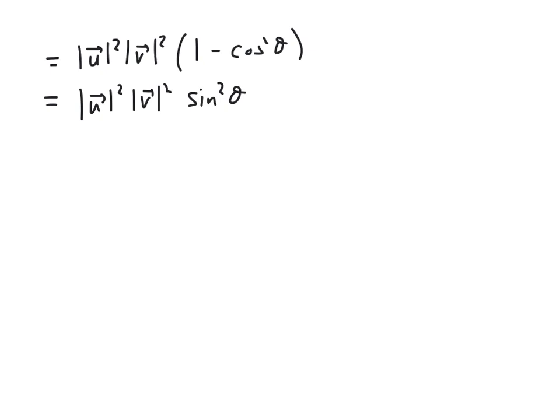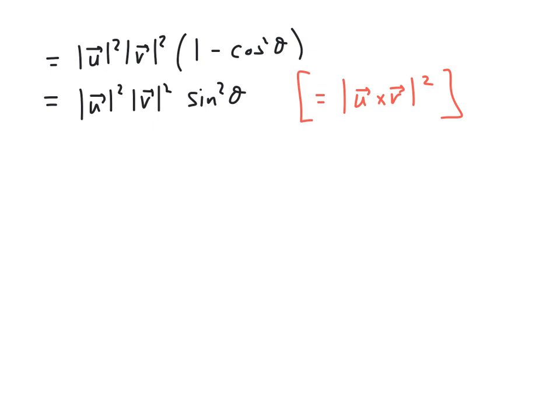And remember, I'm going to write this over here because it's not on the screen anymore. This was all equal to the magnitude of u cross v squared. So I have the magnitude of u cross v squared equals this number squared.